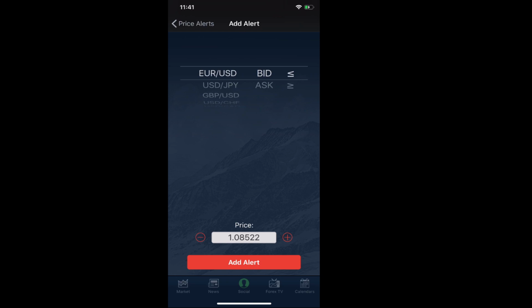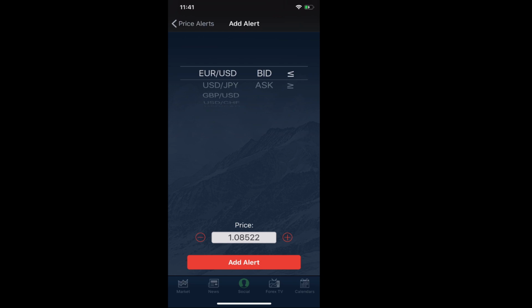Then there's a greater than or equal to symbol, which is this one here. If the price that you want to be alerted on is above the current price, then you go to the greater than.